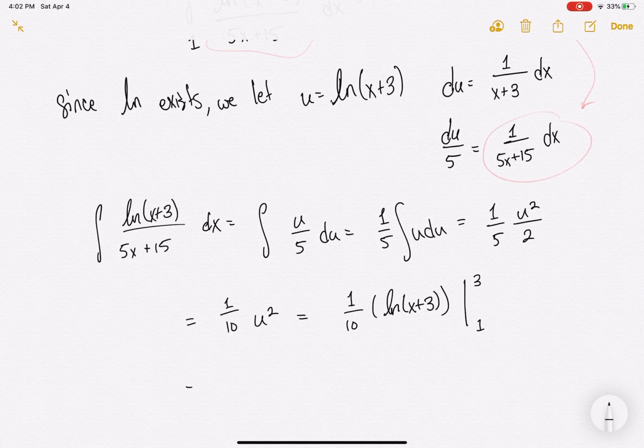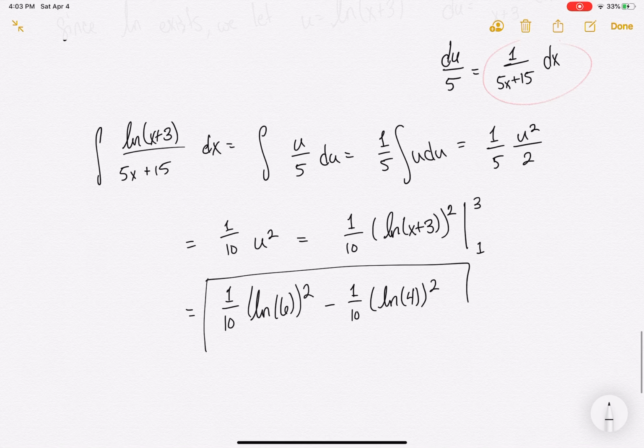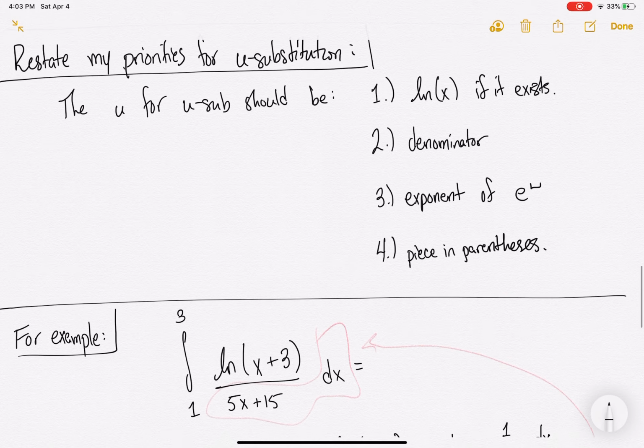We can just plug them in and be on our merry way. 1/10, that's squared still, 1/10 natural log of 6 squared minus 1/10 natural log of 4 squared. You're good to go. So that's kind of the extra step that I always forgot about.